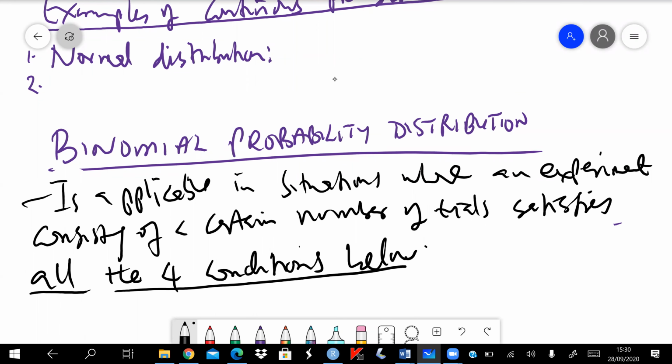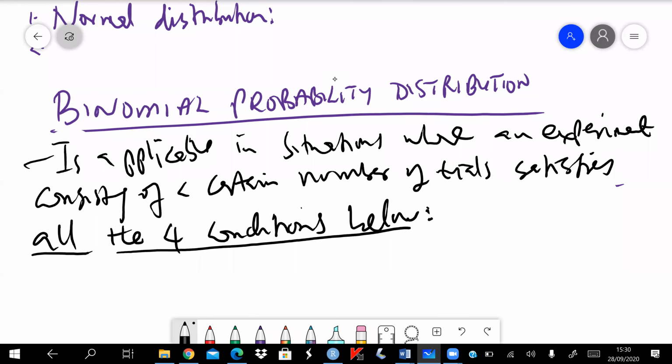So the following four conditions must be satisfied for any experiment to be called a binomial experiment.